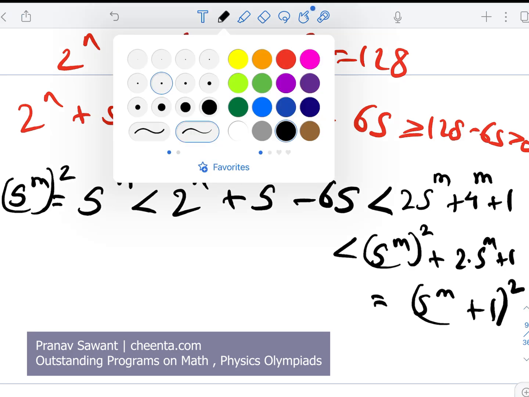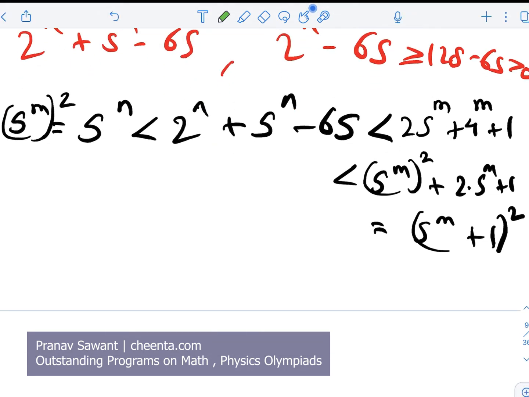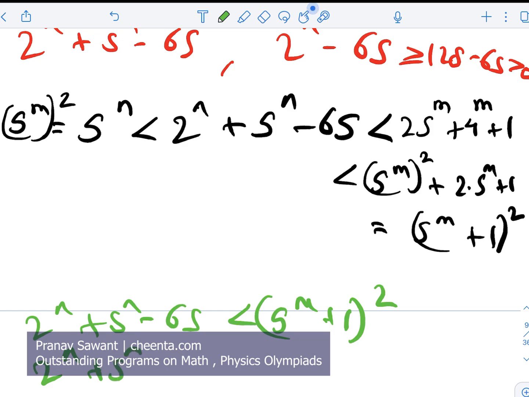So what can we see from here? We can see that 2 raised to power n plus 5 raised to power n minus 65 is less than 5 raised to power m plus 1 whole square, and at the same time 2 raised to power n plus 5 raised to power n minus 65 is greater than 5 raised to power m whole squared, right?